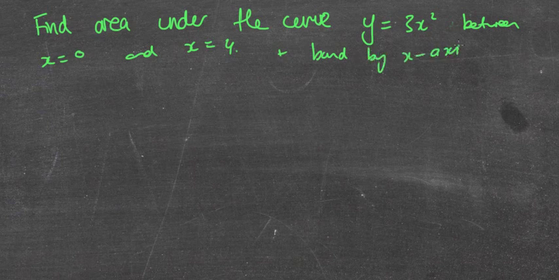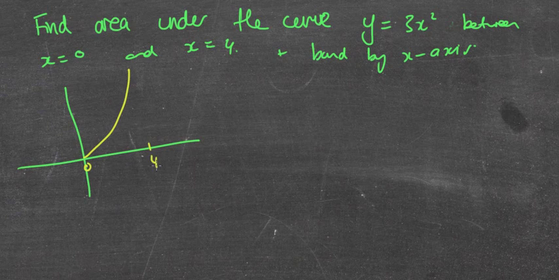That's often what it says, because what it's asking you to do, we're getting a parabola, 3x squared between 0 and 4, like that, and asking you to find the area bound between those two points and the x-axis.